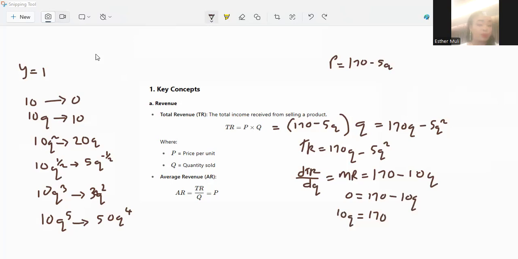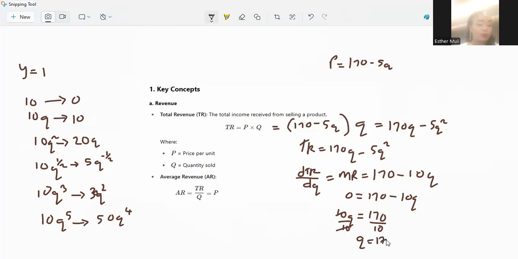Let's solve for Q. We divide both sides by 10, so this cancels that, and our Q is therefore 17.